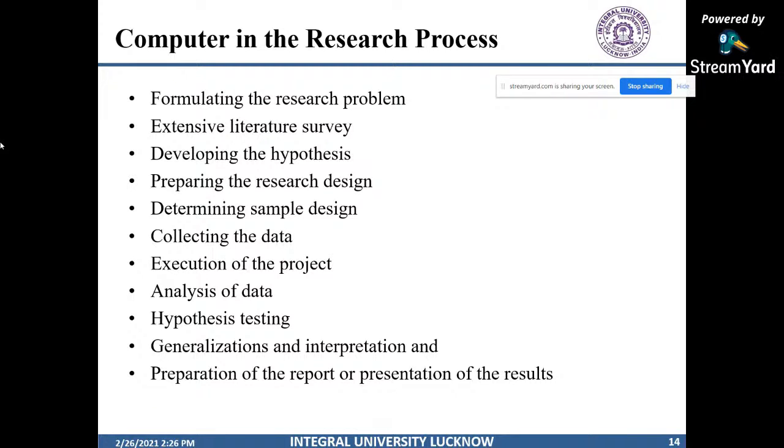And after doing this literature survey, after some time you will be facing your first RDC. There you will go, and the examiner or the RDC committee will ask you what you have done in these 4 or 5 months. Have you done some work, or have you just completed your course work?